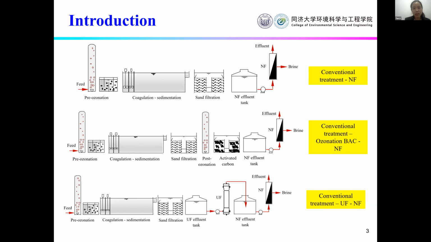With the increase of economic development, to produce high quality water, nanofiltration can also be combined with conventional water treatment and ozone-biological activated carbon for further purification technologies.